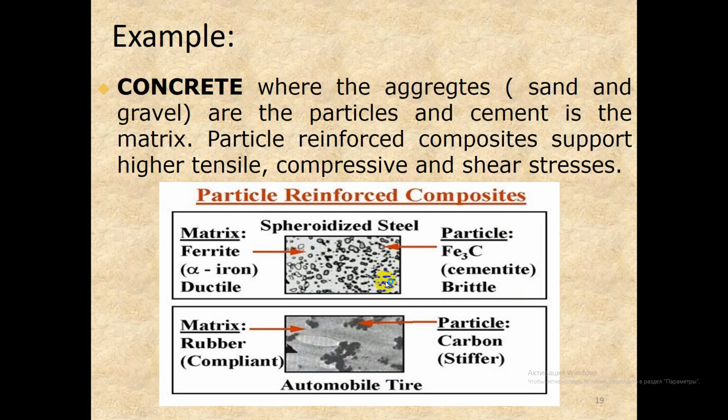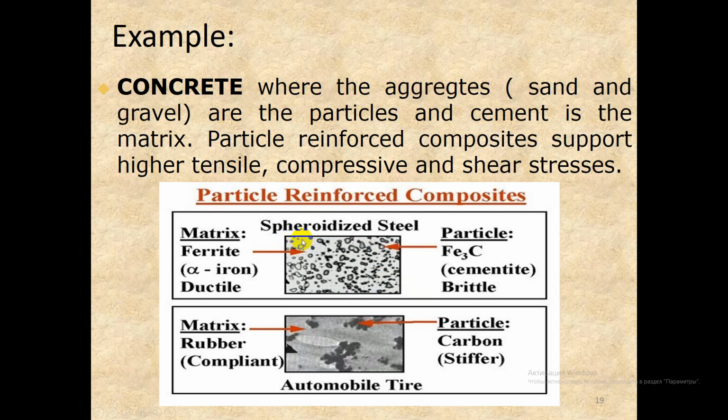Particle reinforced composites support higher tensile, compressive and shear stresses. This is an example of particle reinforced composites. The matrix is ferrite, alpha iron, ductile, and the particle is cementite, brittle.